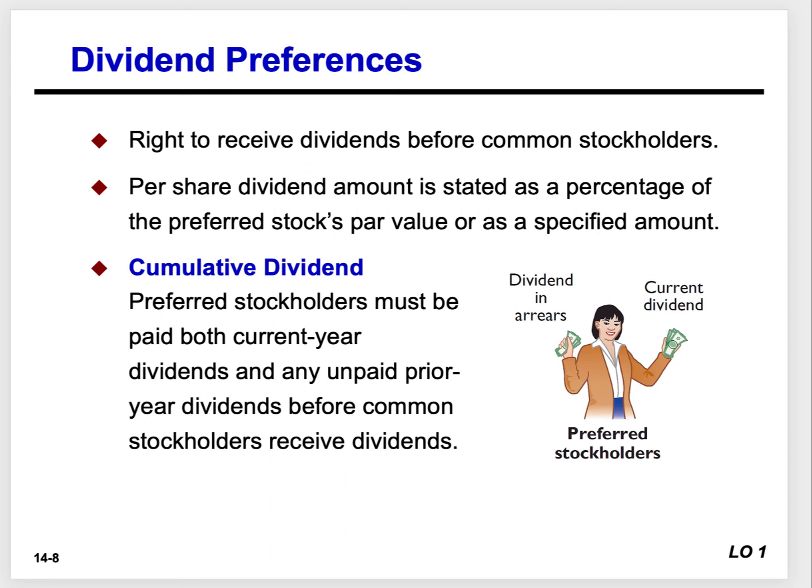Common shareholders are full-fledged owners of the company, but they're last to receive any payouts. So it's very important that you understand the difference between preferred and common rights when it comes to dividends, and we know what cumulative dividends are.